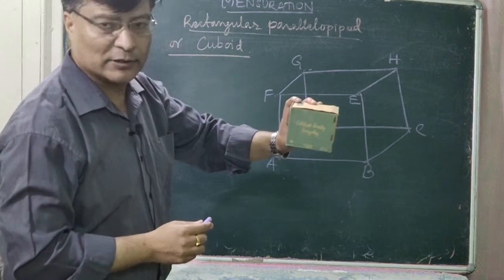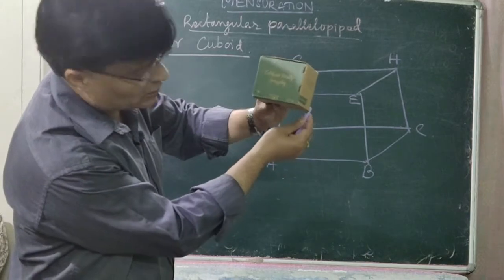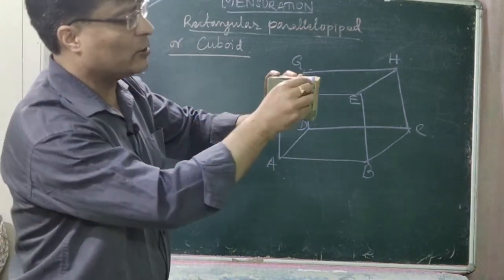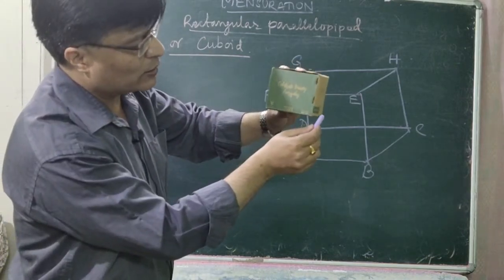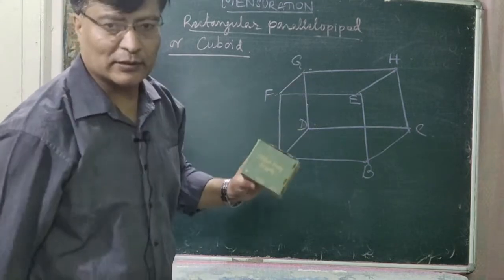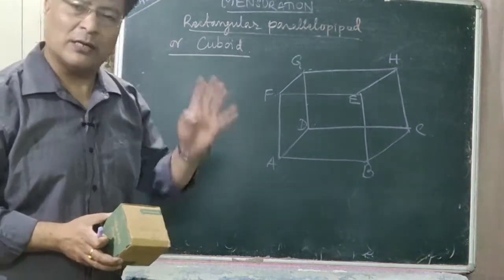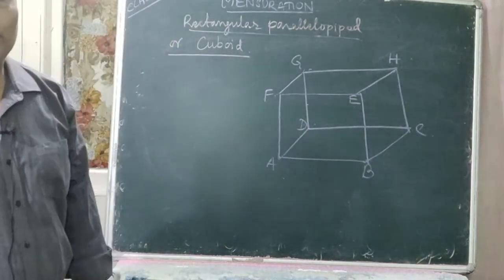This is one of the diagonals. Again, you can draw a diagonal from this point up to this point. That is the second diagonal. Again, you can join this point and that point. This is another diagonal. So how many diagonals can you draw in a rectangular parallelepiped? 4 diagonals can be drawn in a rectangular parallelepiped.